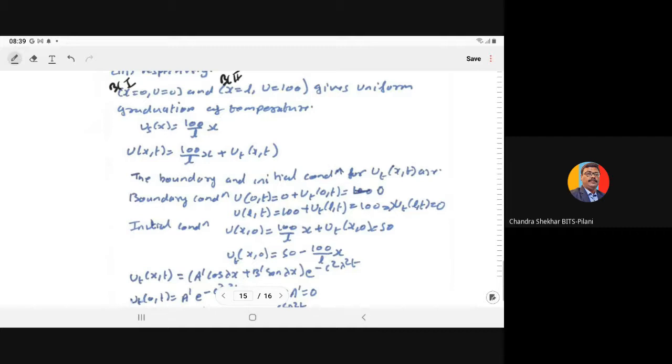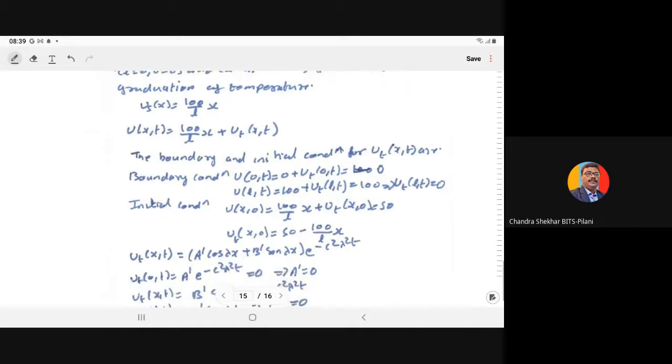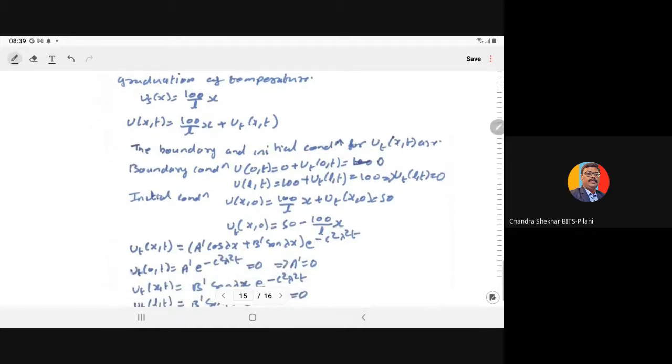The boundary and initial conditions for ut(x,t) are as follows. The boundary condition will be u(0,t) is equal to 0 plus ut(0,t), because at x is equal to 0 the steady state temperature is 0. So it will become 0.